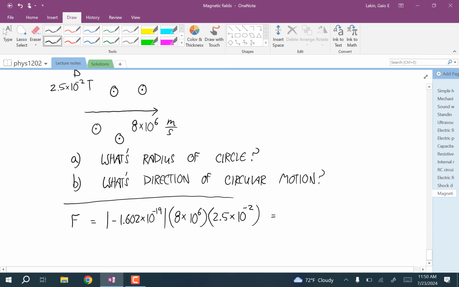And if you multiply that out, you get 3.204 times 10 to the minus 14th newtons.